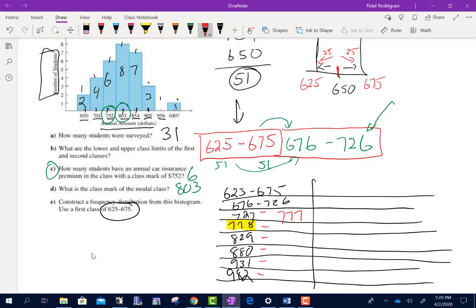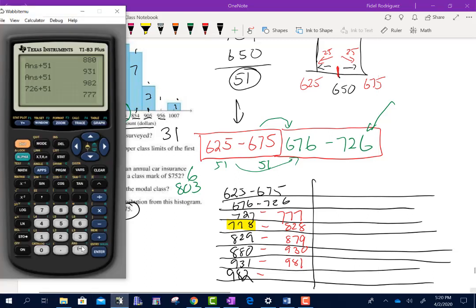So if this number is 829, that's going to be 828. If this is 880, that's going to be 879. It's going to be the one right before it. If this is 931, that's got to be 930. If this is 982, that's going to be 981. And then I'll add 51 to that to get to my last number, right? So 981 plus another 51 is going to give me 1032.